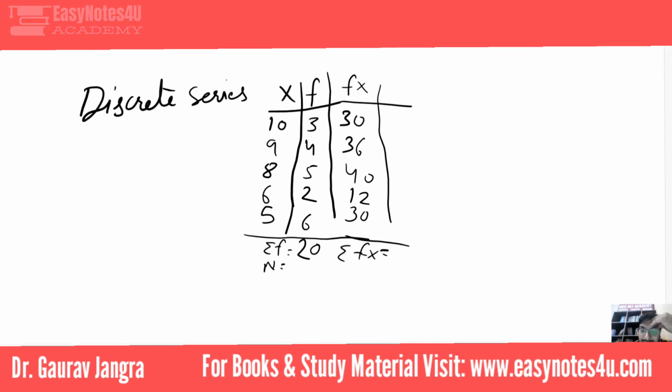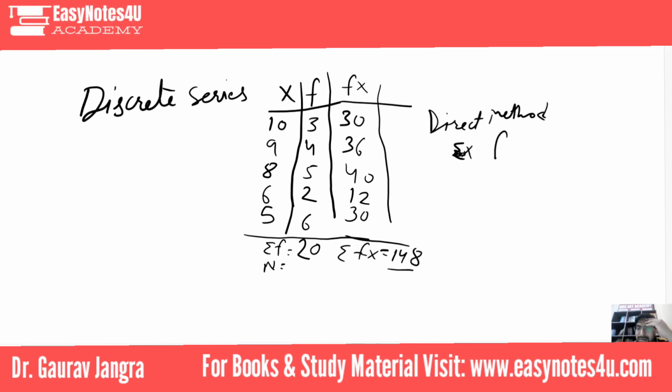So how much will it be? Make the total of it, 148. It will be 148. And the formula for the direct method, the formula to calculate the mean, is summation fx divided by n.